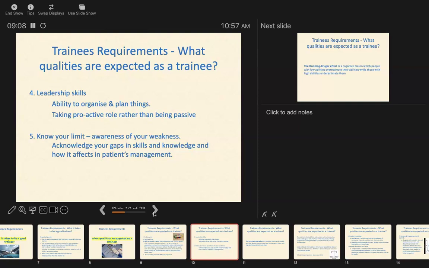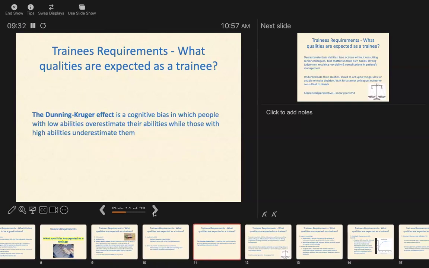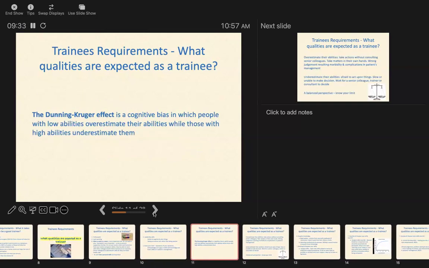Okay. And of course, despite us allowing you to do things that you want to do, you must know your limit. You must be aware of your weaknesses. You need to acknowledge the gaps in your knowledge and skills, and how that is going to affect the management. As I was preparing for this particular talk, I came across what they call the Dunning-Kruger effect.